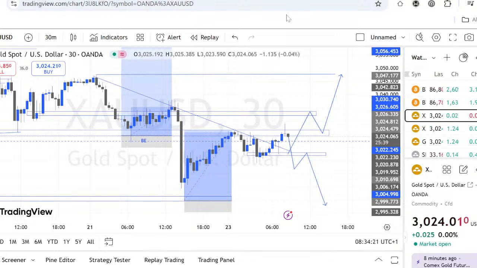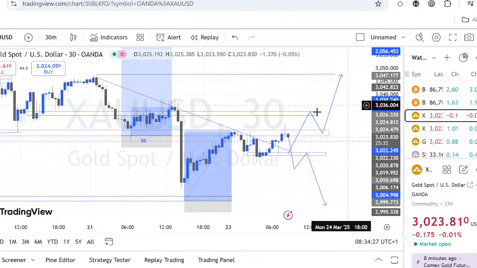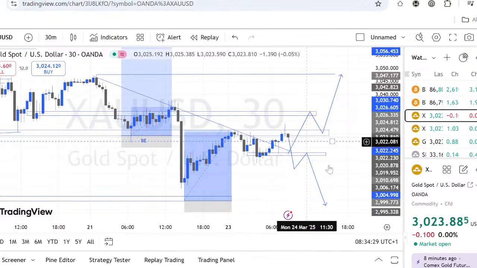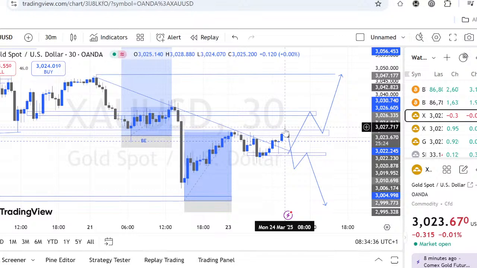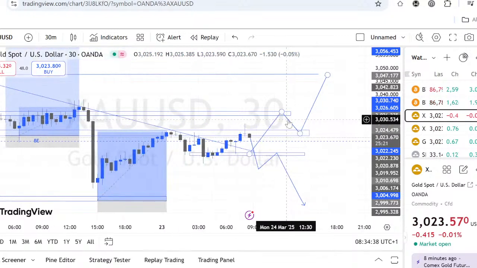Can I buy now? Never, never. Cannot buy now. I just said wait for the reaction, and of course we have two possible outcomes. As I can see, this candlestick here, let's zoom out.